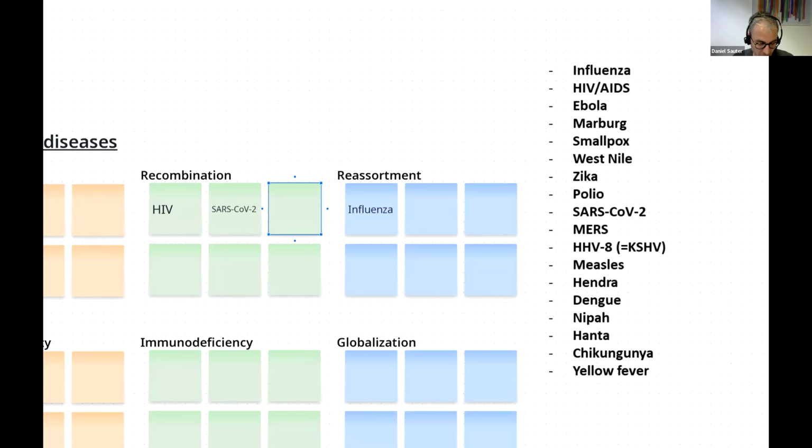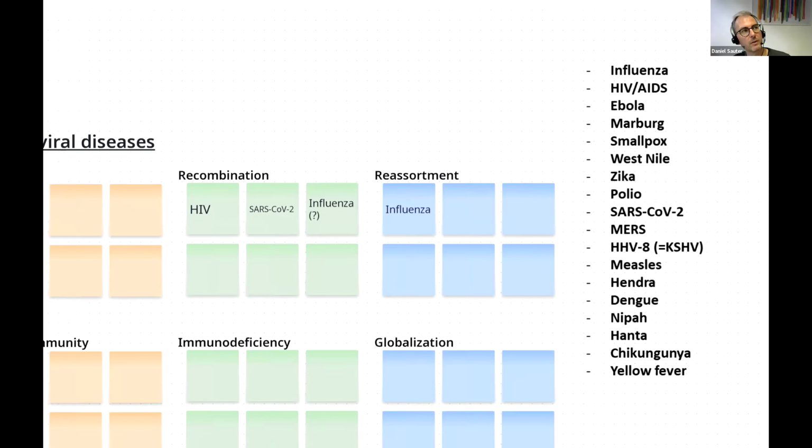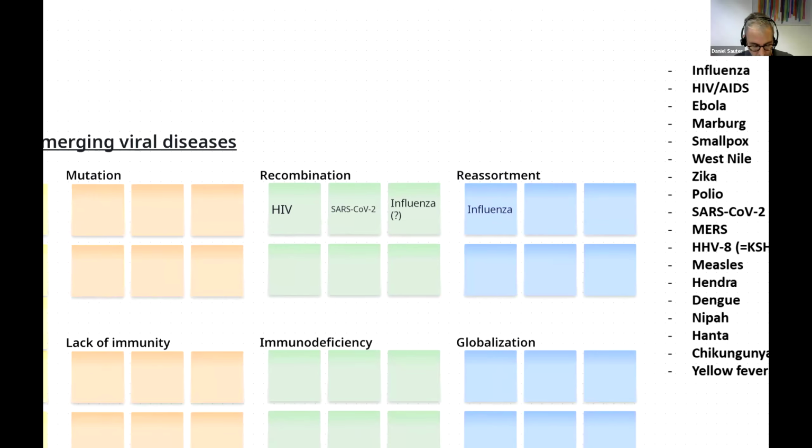Probably yes. I'm not entirely sure, but most likely yes. Essentially, most or many of them can recombine and have recombined, but these are the prime examples. That's good. MERS. I'm not entirely sure, but most likely also. I guess so. Yes. That's good.